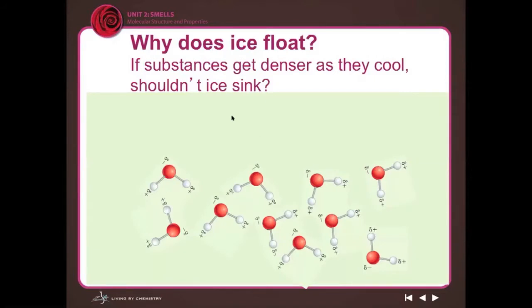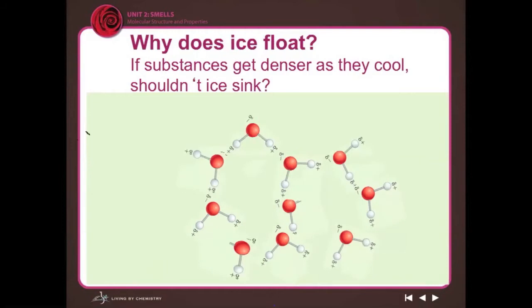Why does ice float? Well, if substances get denser as they cool, shouldn't they sink? Here we have a whole bunch of water molecules attracted to each other by their hydrogen bonding. They're just all sliding around each other because it's a liquid. But what happens when this cools into a solid? The molecules are forced to line up because they stop moving and sliding around.